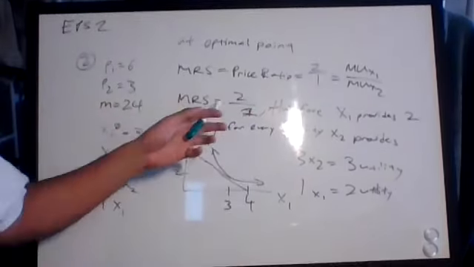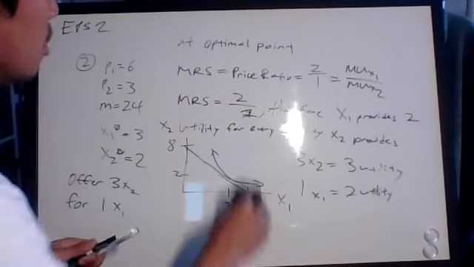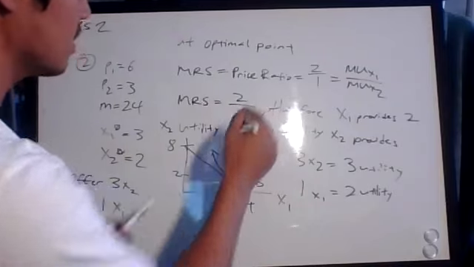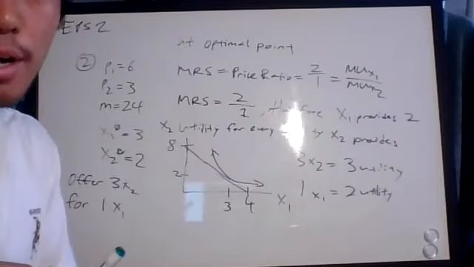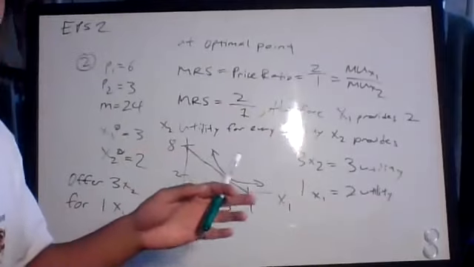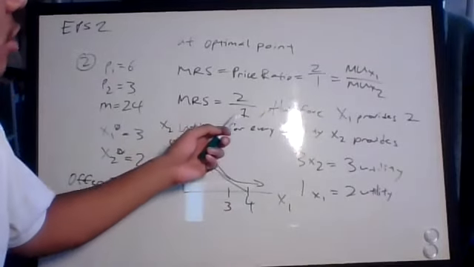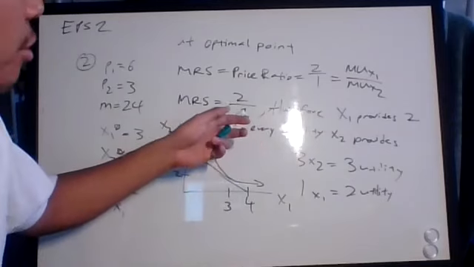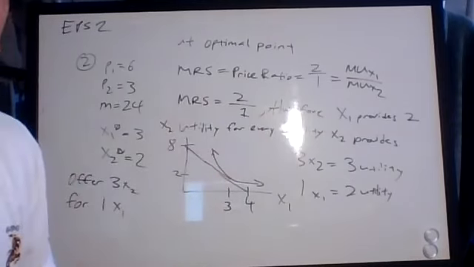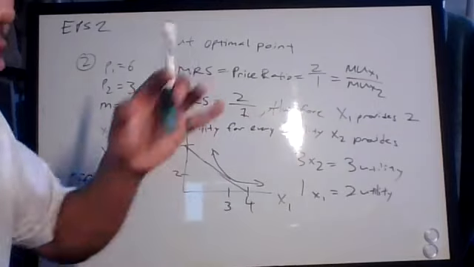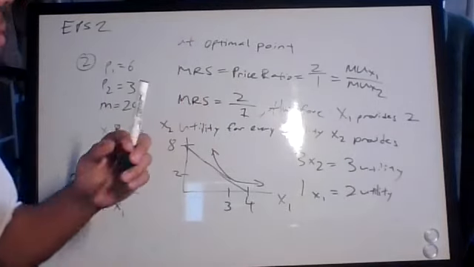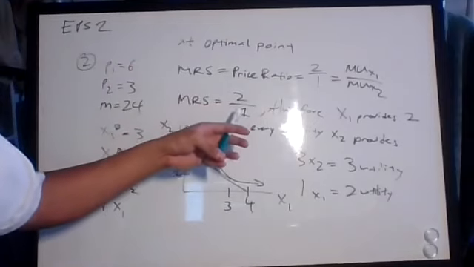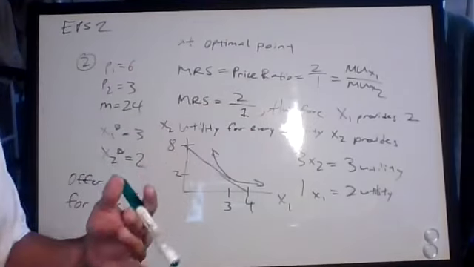Our MRS is 2 over 1, which means that for every additional unit of good 1 that we have, that's going to provide 2 additional utility. And for every 1 unit of x2 that we add, that'll provide 1 unit of utility. So it's basically 2 utility for every 1 utility. That's how you want to word it.